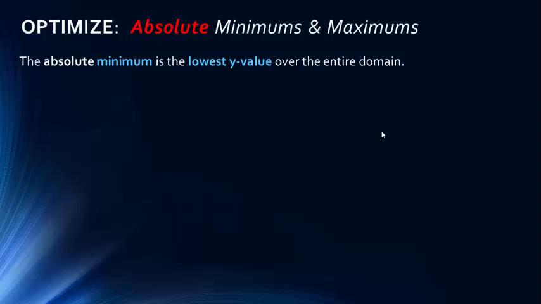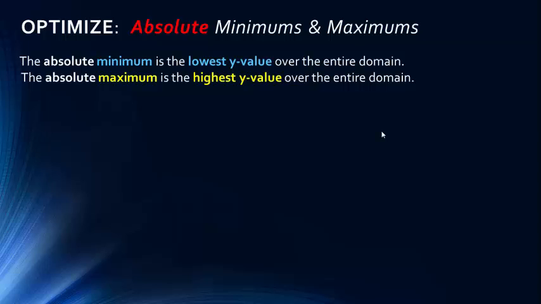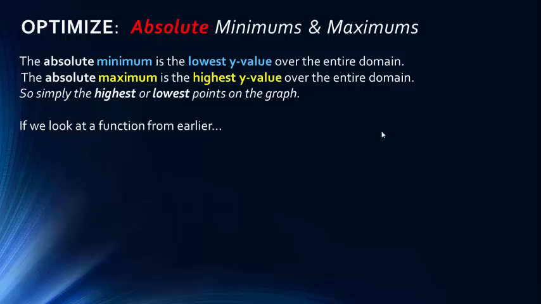Okay. So if we look back at that original chart, we could say over those 5 years, what was the absolute maximum? What was the absolute minimum? The absolute minimum would just be the lowest y value. The absolute maximum would be the highest y value. Okay? It's a very simple and very intuitive idea. So simply the highest or lowest points on the graph over a defined domain.